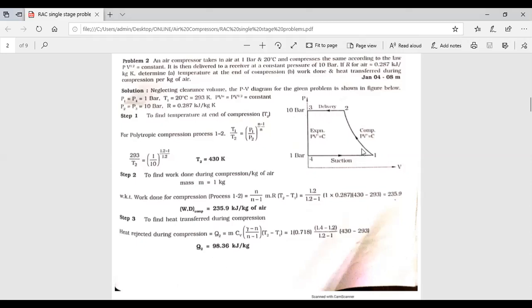R is 0.287 kilojoules per kg Kelvin. If the value of R is not given, you have to assume R as 0.287 kilojoules per kg Kelvin.